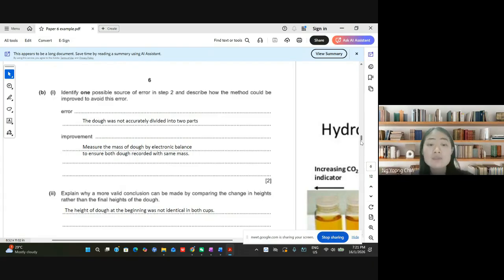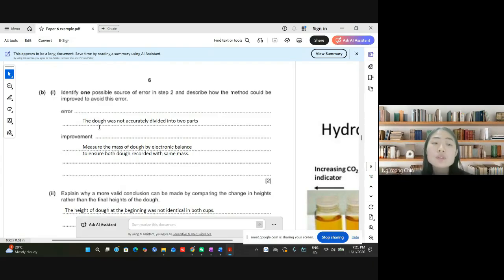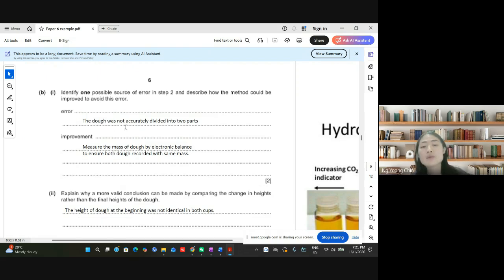You didn't do this procedure. So the error might be due to the dough not being accurately divided into 2 parts. Maybe one dough is lighter and one dough is heavier in mass. So this is your improvement: you need to measure the mass of the dough by using an electronic balance to ensure both doughs are recorded with the same mass. So this is the improvement.